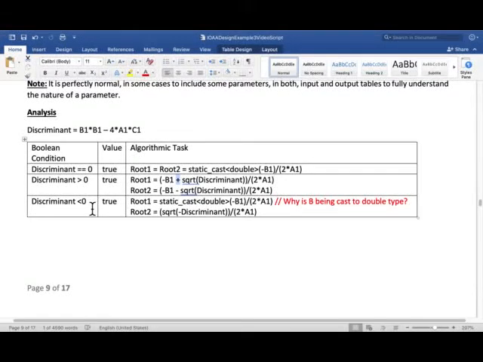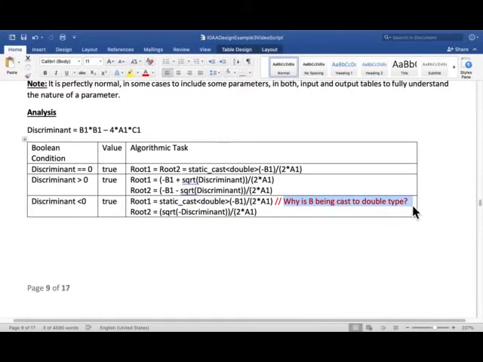But if discriminant is less than 0, if that is true, that will be the else block if I do else if, then the definition of root 1 and root 2 changes. Root 1 will be, in that case, the real part, minus b1 divided by 2a1, except you cast to double type the b1. So answer the question why b is being cast to double type.